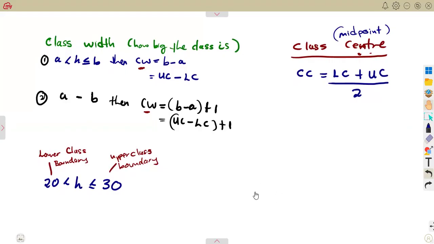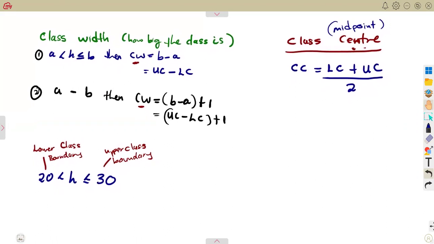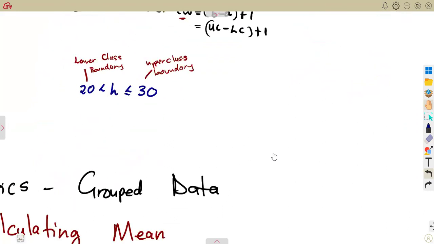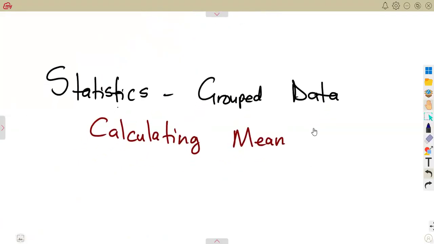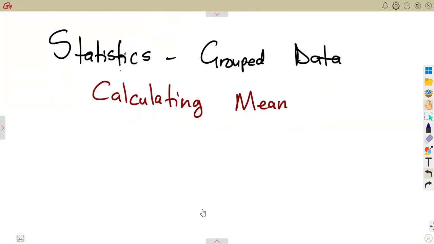So these are some of the important terms that you're going to have in your presentations. It is very, very important that we understand these terms. So I want to go back to calculating the mean from the classes we are given. I think we can have something there that we can put into consideration about the mean.